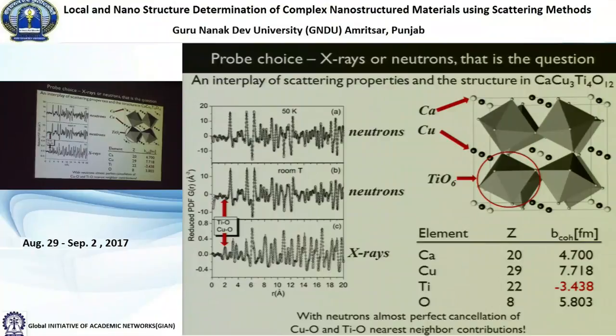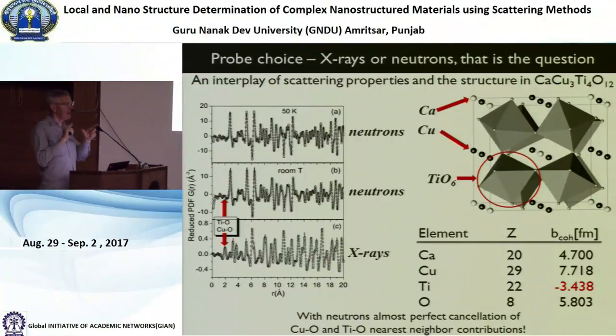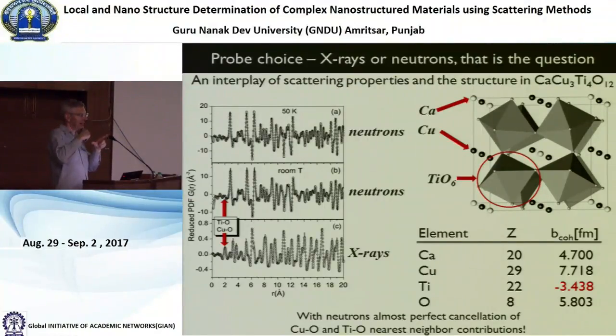There's this other really cute thing with neutrons, that some elements have a negative scattering length. What that means is that when the scattering happens, there's a phase shift: the phase of the outgoing neutron is flipped 180 degrees with respect to the one before.